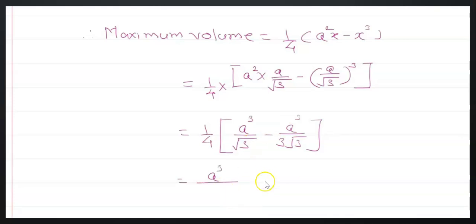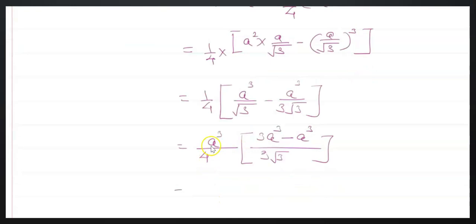Now we'll simplify this. That is, a cube, we can take as common. That is a cube upon 4, and here we have performed the cross multiplication. It is not required, a cube. Here is a 1 by mistake. I will delete it.